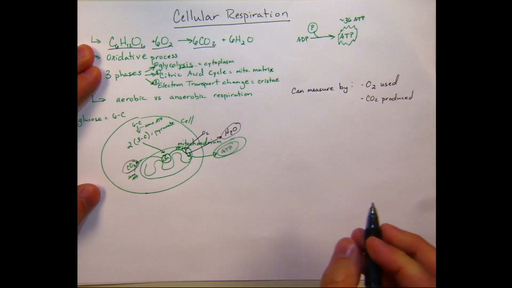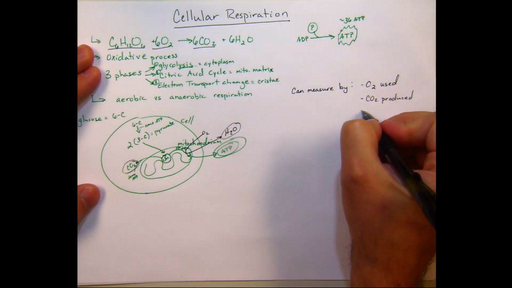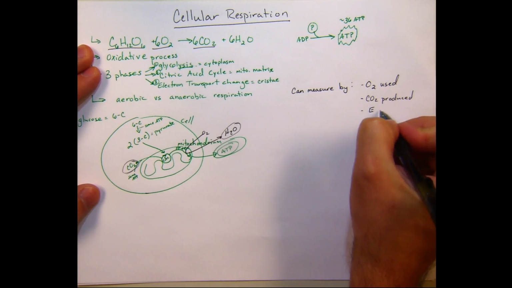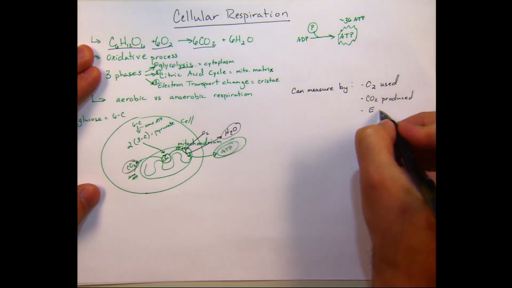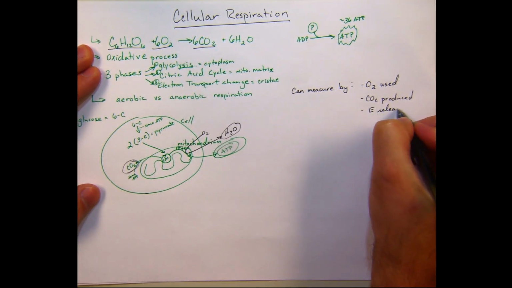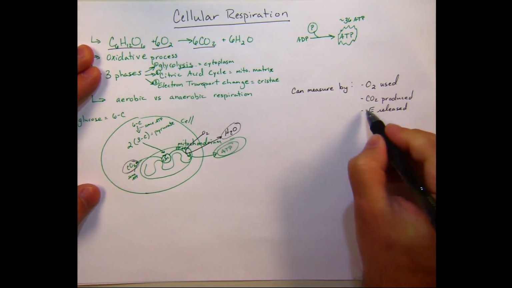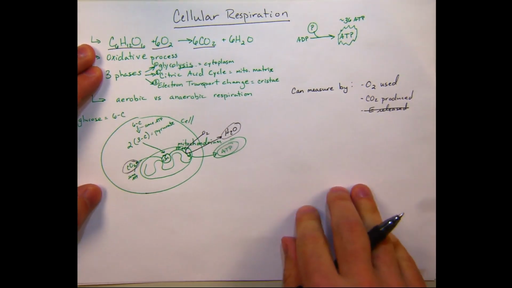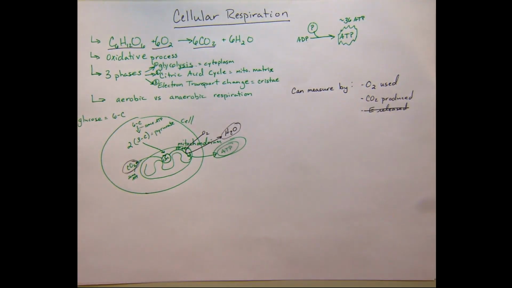That looks pretty easy. And there are some tests out there. Maybe we can determine how much energy, ATP, was released. But that would cause us to spend a lot more time discussing how that is and the actual tests. So it's not a very easy or practical way for this lab. So we are going to do both of these. We're going to be measuring how much oxygen is used for cellular respiration and how much carbon dioxide is produced.